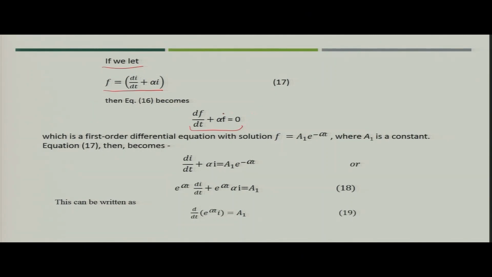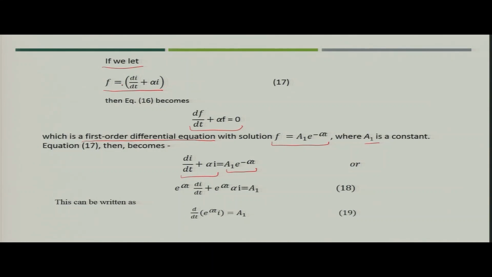Because this is a first order differential equation, and we have seen these kinds of equations when we discussed the series RC or RL circuits in case of source free response, you can simply write that the solution of this equation would be f is equal to a1 e to the power minus alpha t, where a1 is a constant. Now, di by dt plus alpha I would be nothing but a1 e to the power minus alpha t.